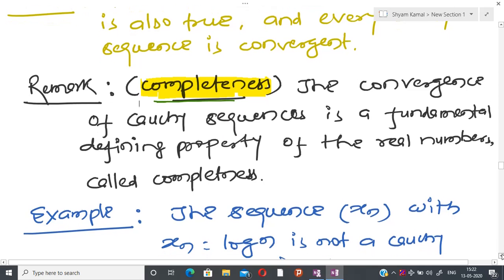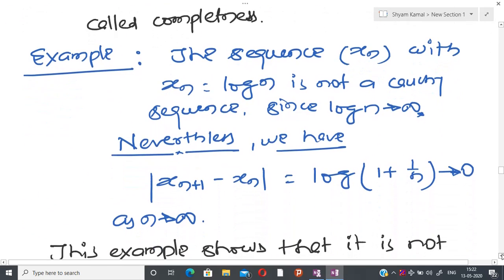Now let us see an example. Consider the sequence xn defined as log n. This is not a Cauchy sequence, since as n tends to infinity, log n tends to infinity.